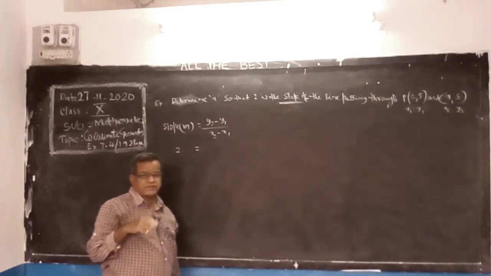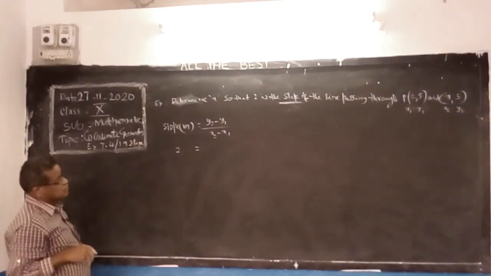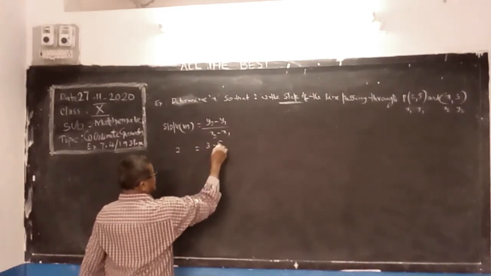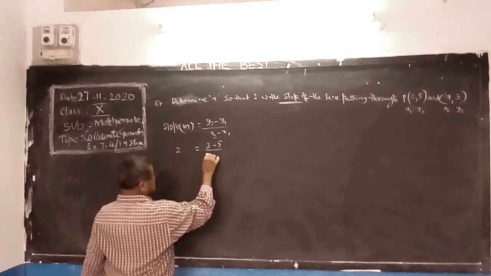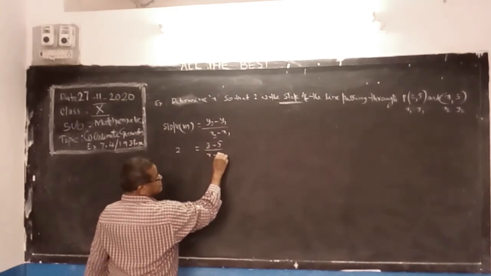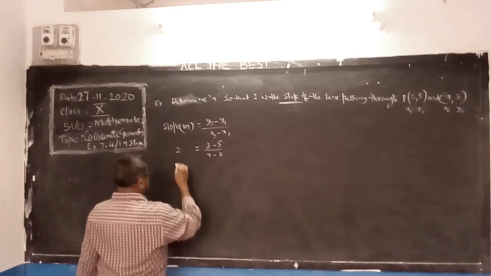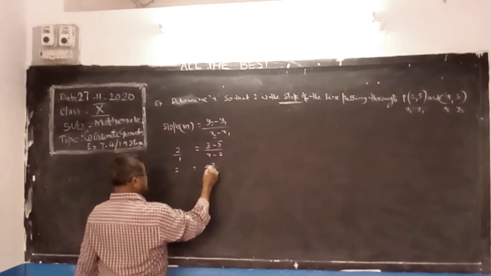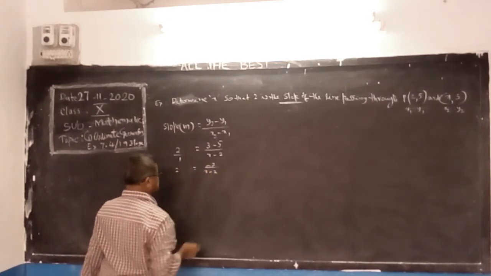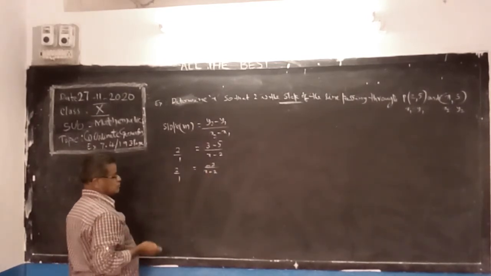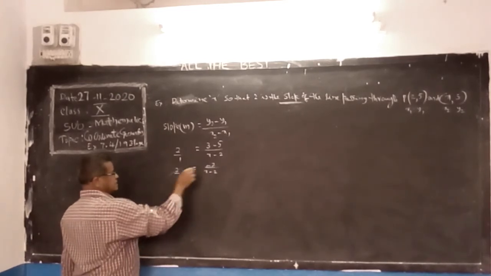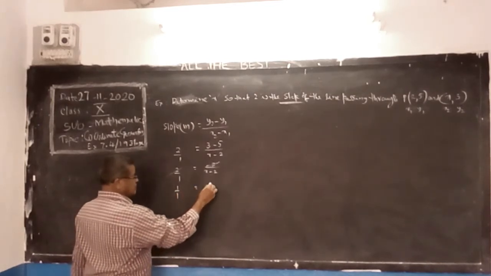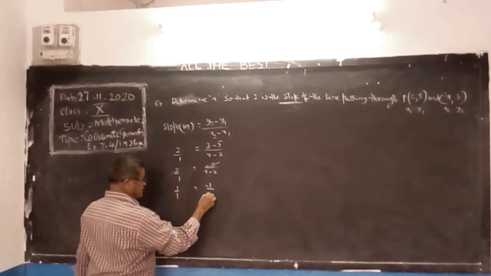After identifying like that, y2 is 3, y1 is 5, by x2 is x only, x1 is 2. Cross multiply. So 2 is equal to minus 2 by x minus 2. We can cancel 2, 2. Here 1 by 1 is equal to minus 1 by x minus 2.